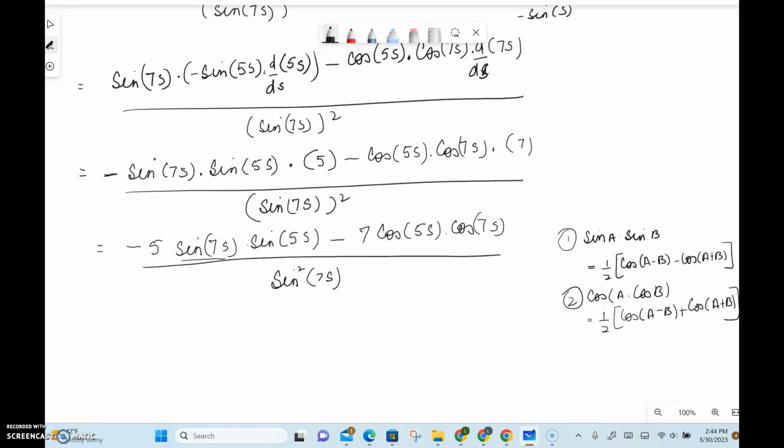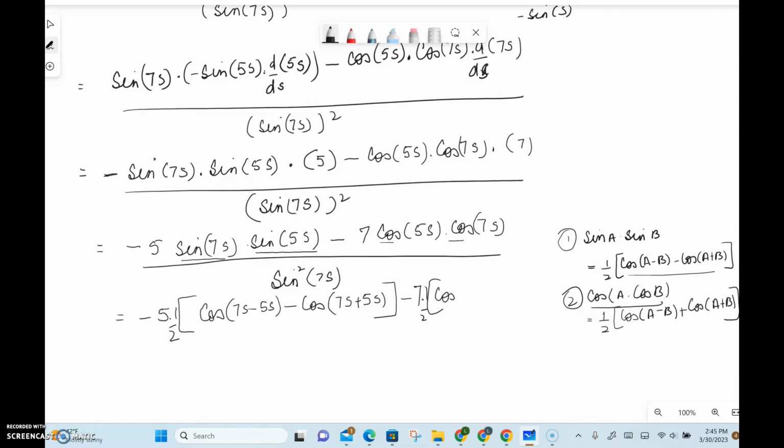Since we have sine of 7s times sine of 5s, we could use this formula and write it as negative 5 times half, cosine of 7s minus 5s, minus cosine of 7s plus 5s, minus, and we could write this as 7 times, since both are cosine, we use the second formula, half. Remember I forgot this half here, just remember the half.